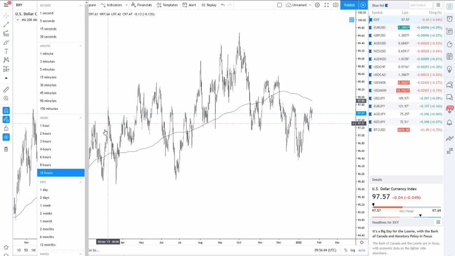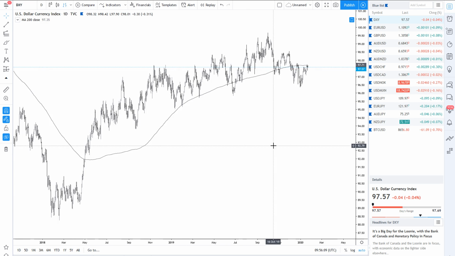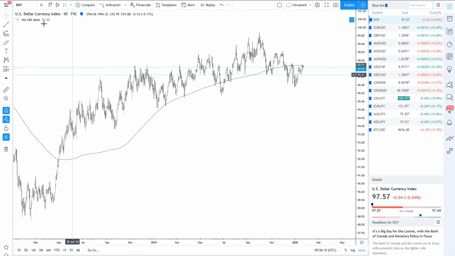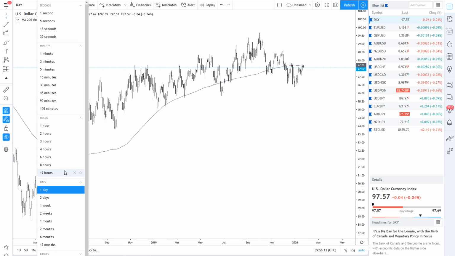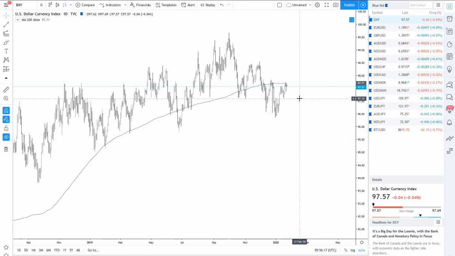This is a 12 hours time frame. Sometimes I go into a lower time frame. But let's note on a daily time frame, this is a 200 daily moving average, and we are now facing that moving average again.